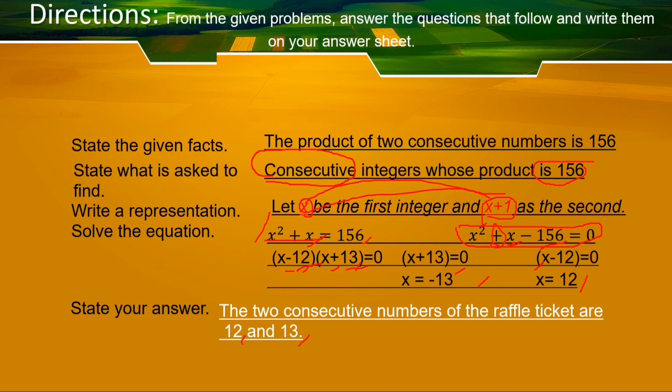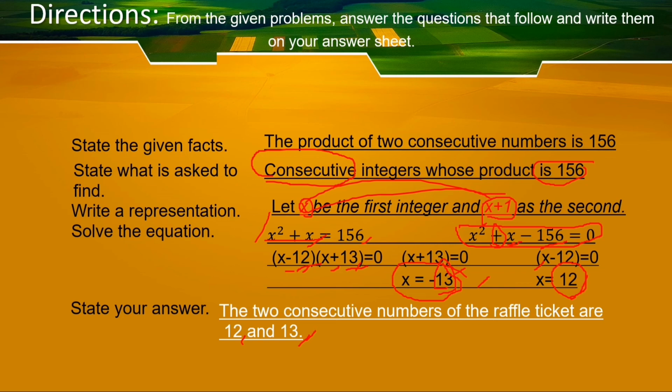Did you notice that negative 13 is not part of the solution? Why? Very good. So, I know that you're able to participate in raffle draws and there are no negative numbers there. So, you will only take 12 and the number next to it is 13.